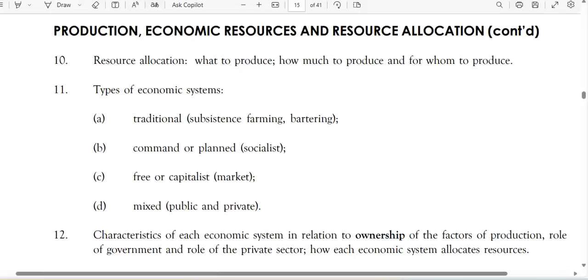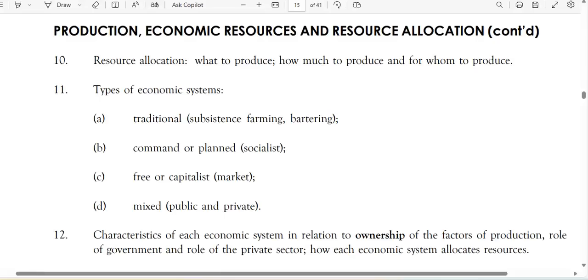Advantages of a command or planned economic system: it ensures that basic needs like healthcare and education are met for everyone, may reduce income inequality, and can quickly mobilize resources during a crisis, for example war or natural disaster.